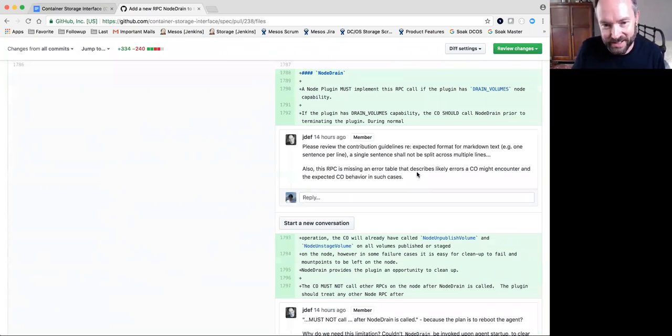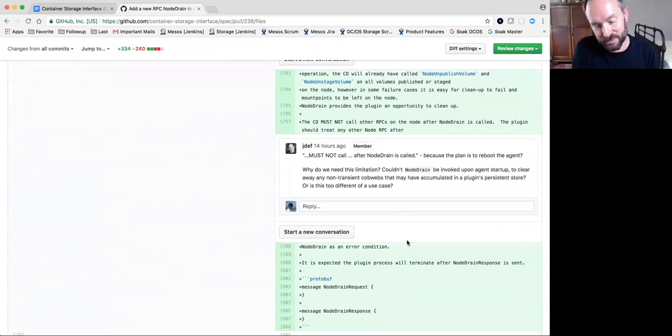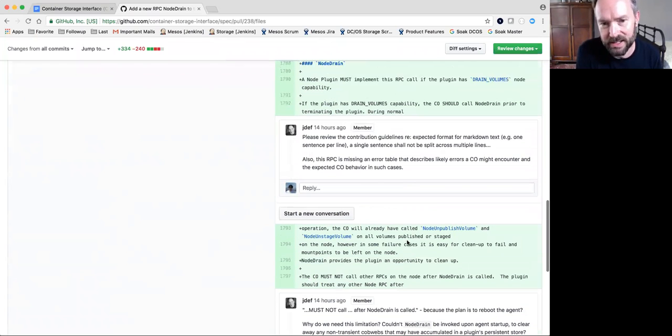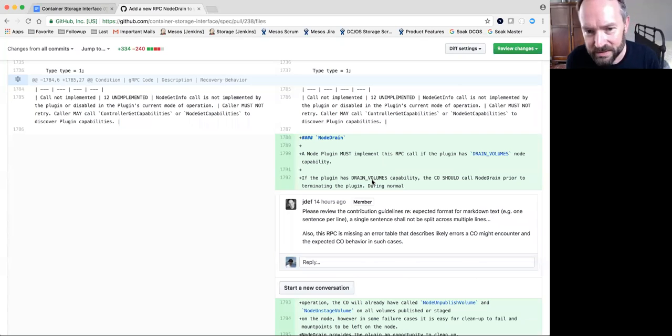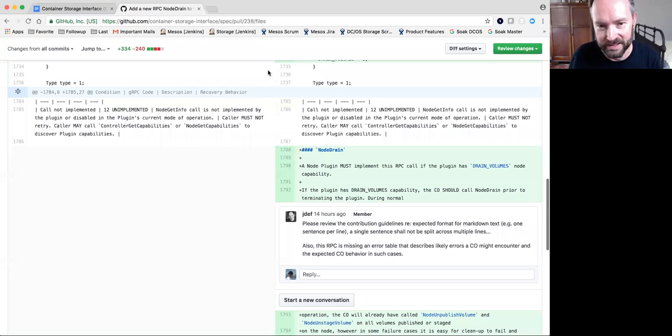So the idea is, after we've called unpublish and we're getting ready to terminate the node because we've unscheduled all the workloads on it, we call this drain RPC, and that gives the plugin developer a central place to put in cleanup logic. James made some really good comments, and I think we'll go back and add the error codes and clean up the formatting, so that's non-controversial.